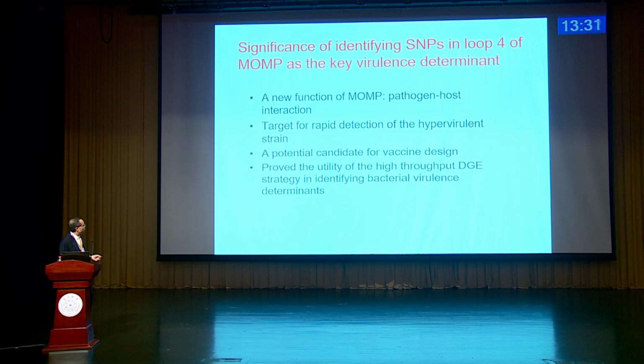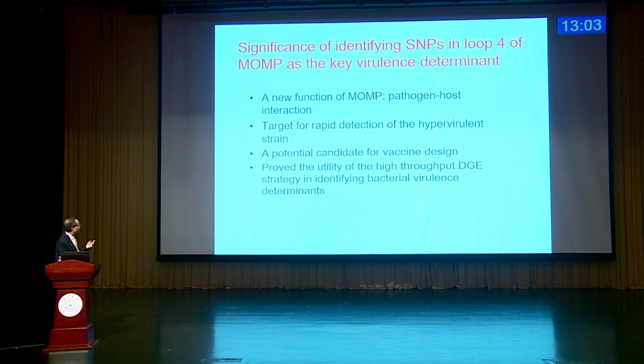Now, what is the significance of this finding? Previously, MOMP was not known for virulence. People say it's porous, it forms a pore on the surface, allowing small molecules and nutrients to pass through the outer membrane. And now we found a new function for this major outer membrane protein. So it's definitely related to pathogen-host interaction.